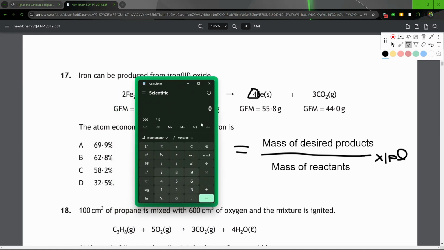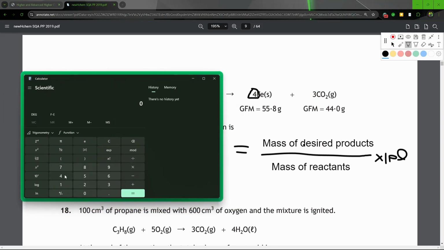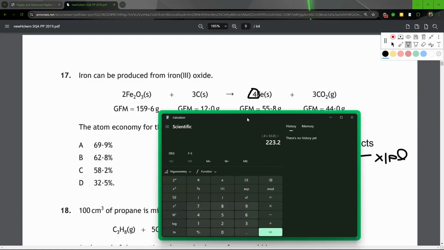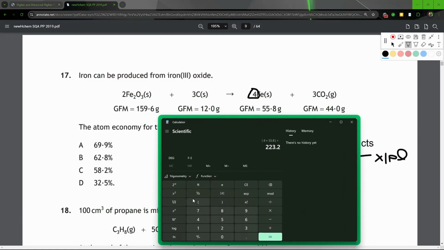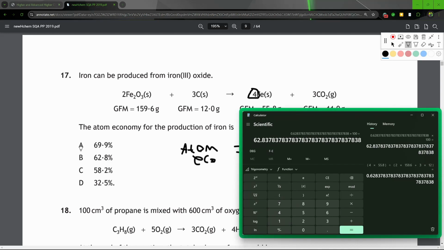So 4 times 55.8, and then we're going to divide it by the mass of reactants. So that would be 2 times 159.6 plus 3 times 12. We get this number, and then we multiply by 100 to get the percentage, and we get 62.83, which is B.